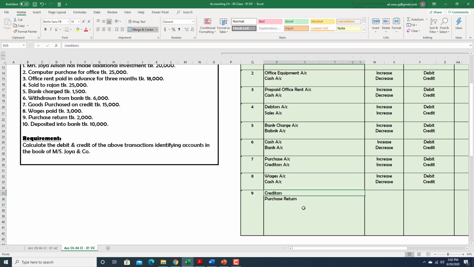Since creditors account has decreased because we returned the goods, and purchase return is the opposite of expense account, or for the time being you can consider it as a revenue account.